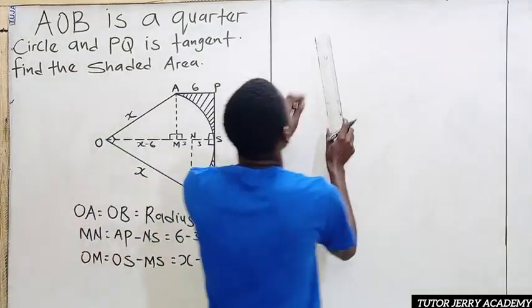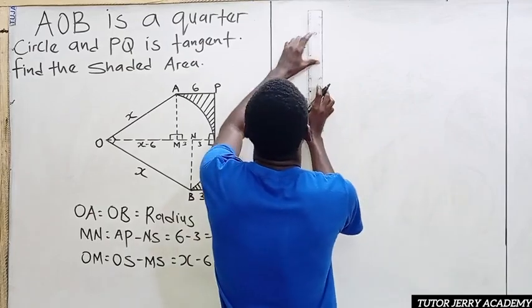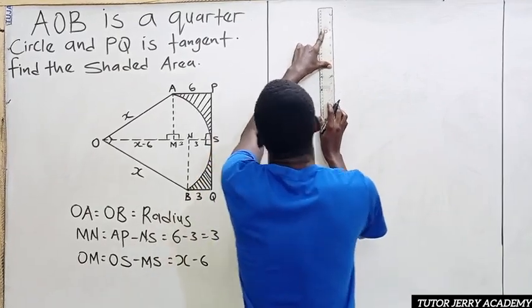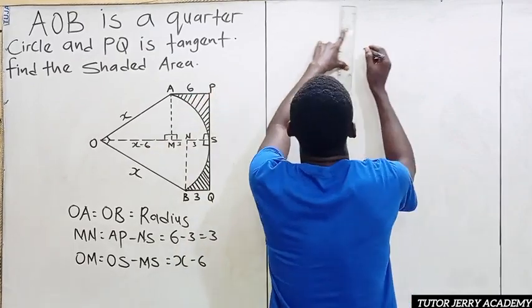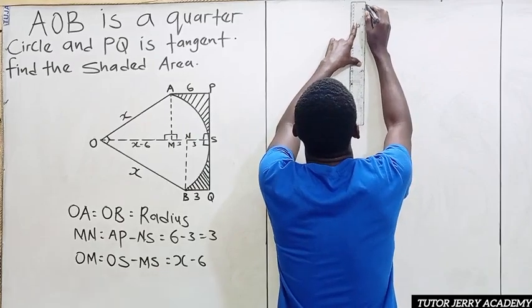Let's draw that here. Let's first bring out triangle ONB. Just take note of this. So, this is going to be like this.